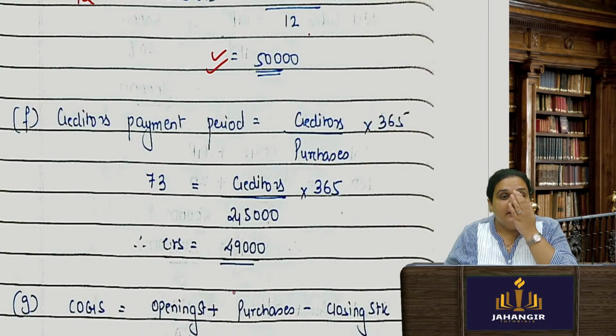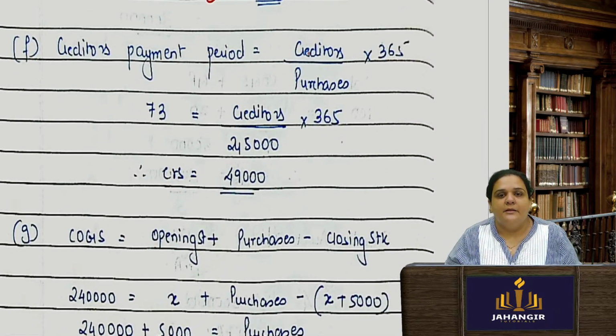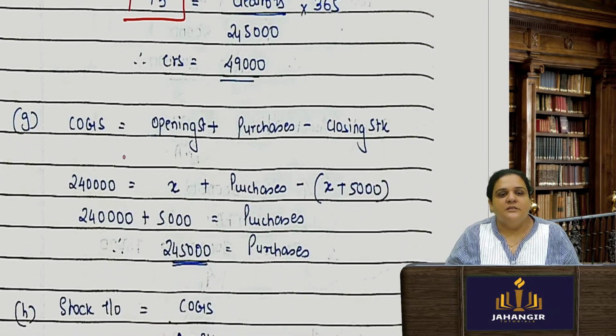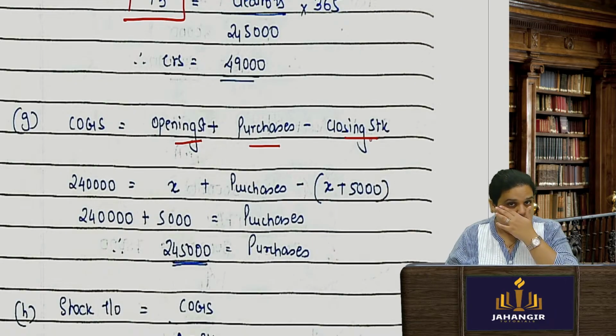Similarly, I will do the creditors payment period. I don't know the creditors and I don't know the purchases either. They have given me 73 days. But what about purchases? We know one formula: COGS is opening stock plus purchases minus closing stock. COGS we found out.